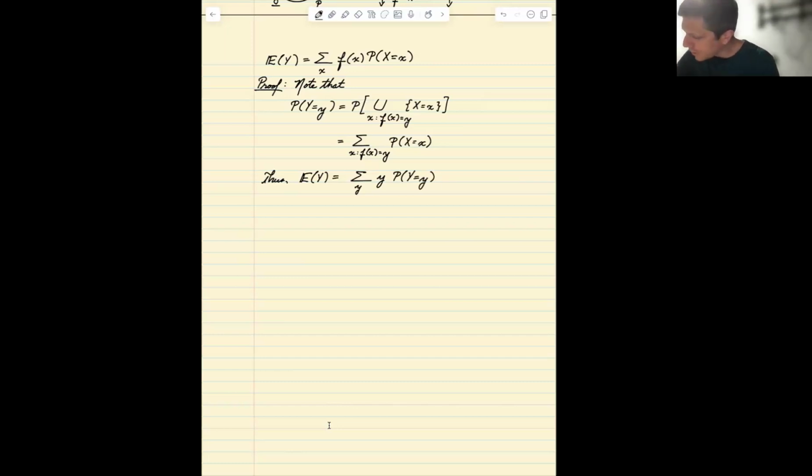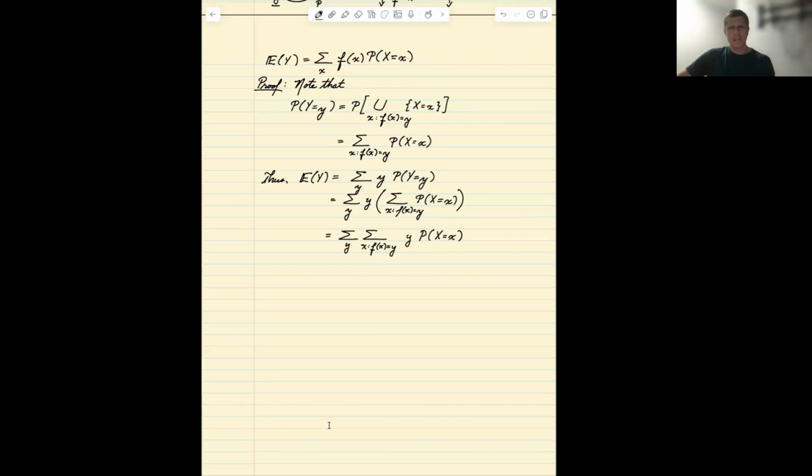But as we just observed, the probability of y can be expressed as this sum over x's of values of x that map to y under f of the distribution of the random variable x. And we can now bring these sums together and look at this as sum over y, sum over x. Okay.